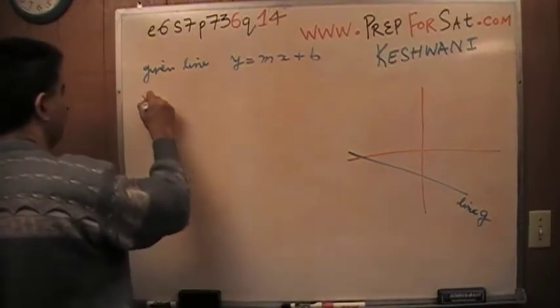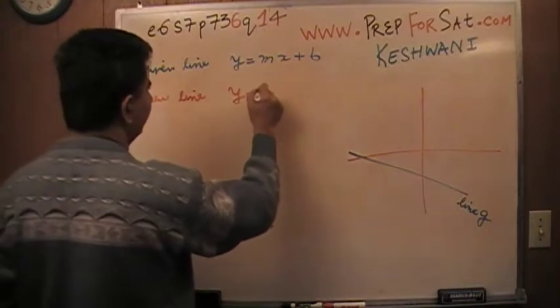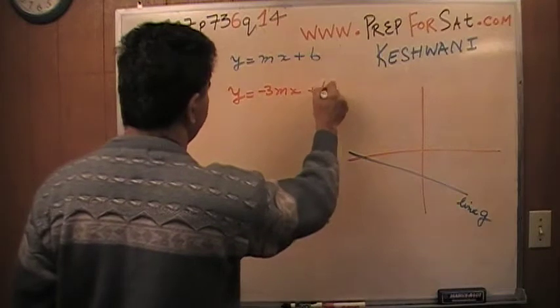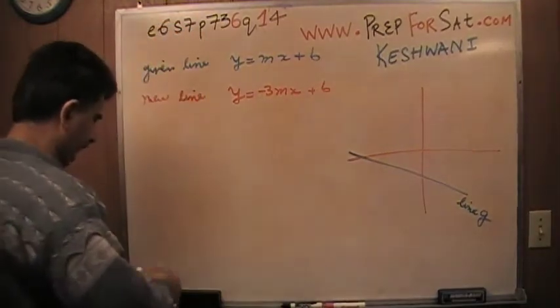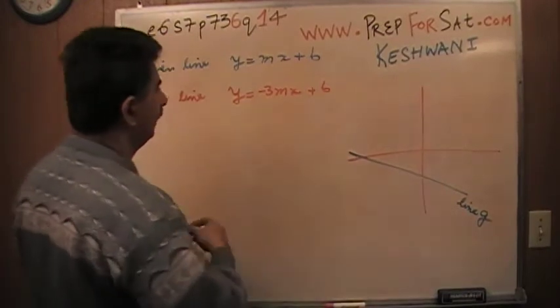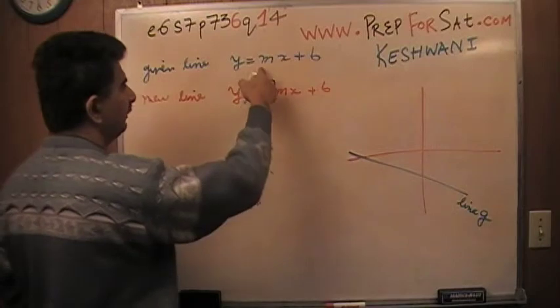The new line is negative 3 times mx plus b. As you can see, the slope is now negative 3 times this guy.